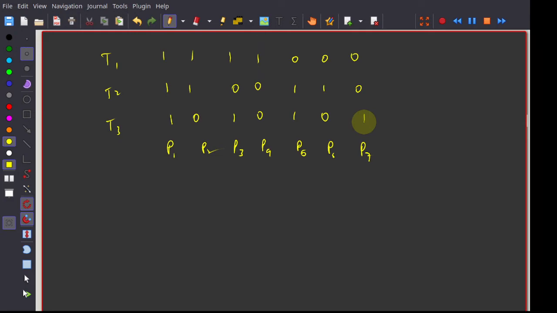So this is the way you're going to test. For test 1, you're going to pool the first 4 people. For test 2, you're going to pool P1, P2, and then P5, P6. For test 3, you're going to pool P1, P3, P5, and P7.